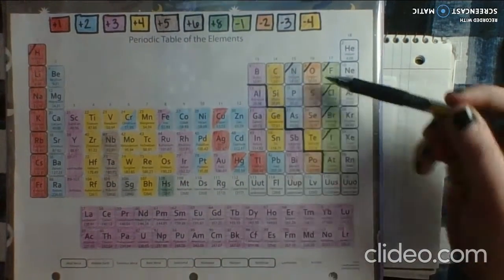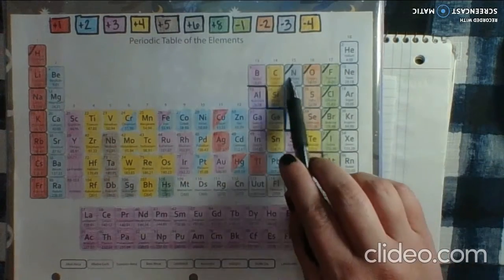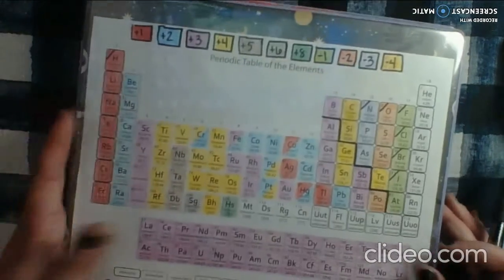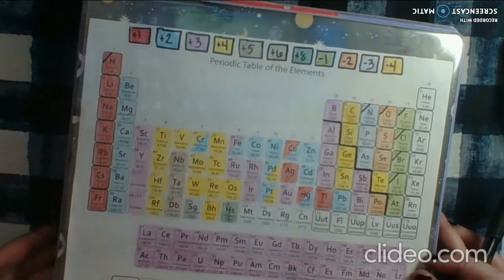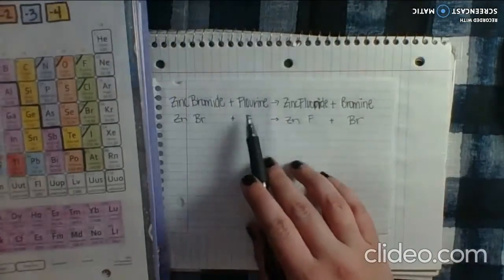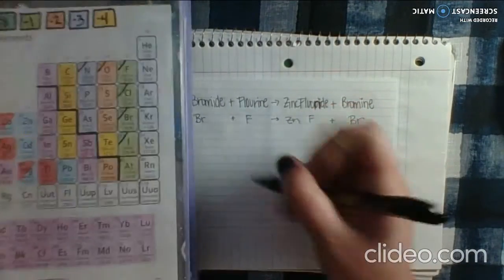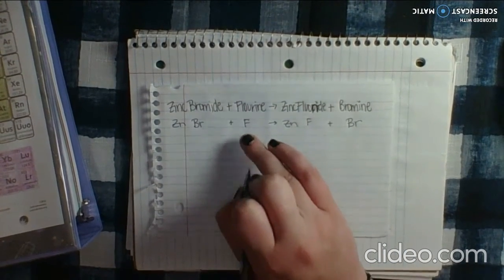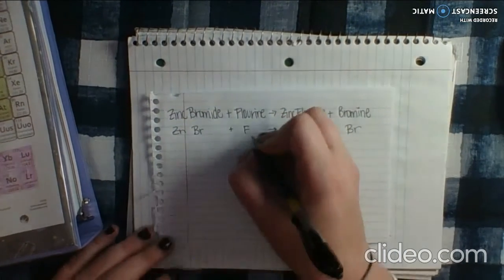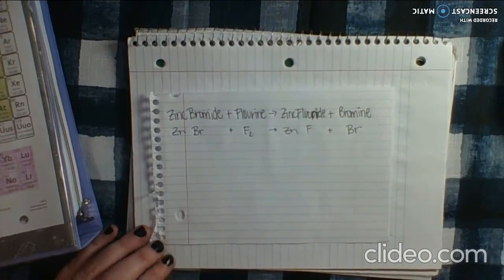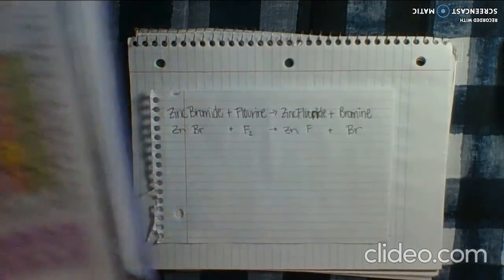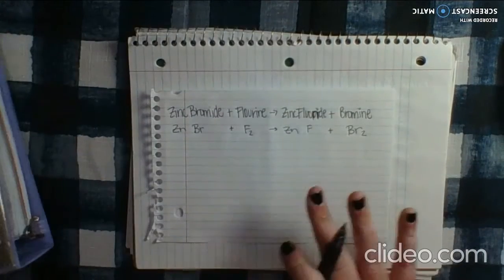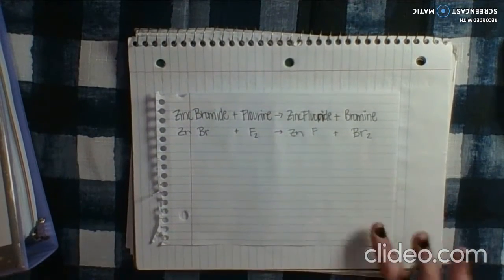Conveniently enough, those 7 elements make a 7, and they start at 7, with the exception of hydrogen, who's just over here living his life. So we have fluorine, which is one of those diatomics, which means that if you found this guy in nature, he's never going to be by himself. So we have to make sure that he has a 2 there. Same with bromine. He is part of that 7. Otherwise, we're ready to go with our next step.